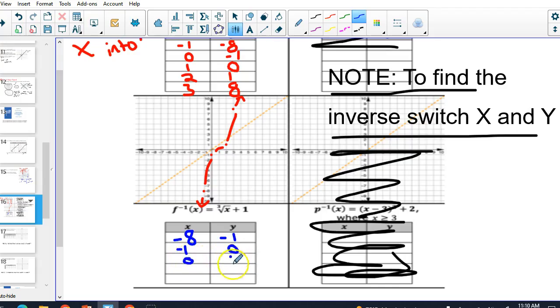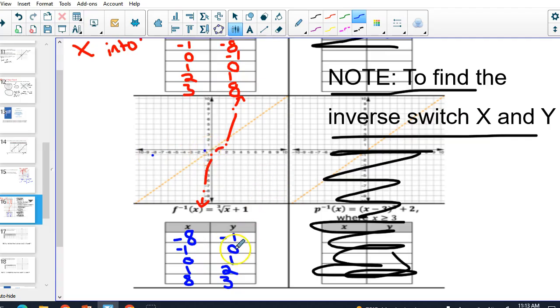So it would be 0, 1. We'd have 1, 2, and 8, 3. All right, let's plot our points. So I have a point at -8, -1. So right there. We have a point at -1, 0.